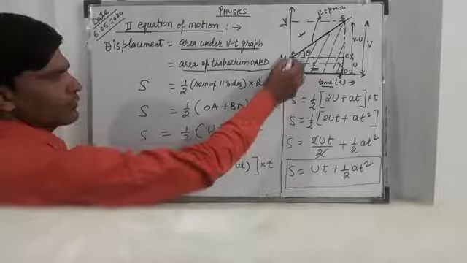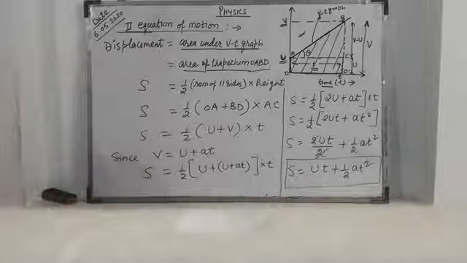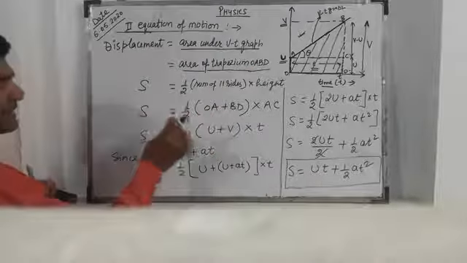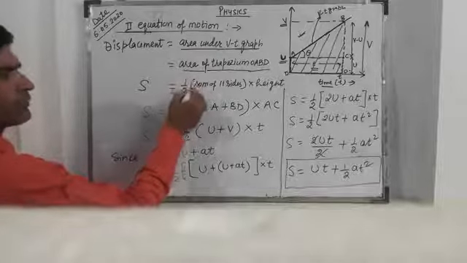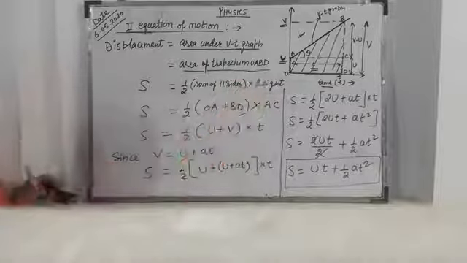So area under the vt graph means the area of trapezium OABD. As you know, the area of a trapezium is half the sum of parallel sides into height.